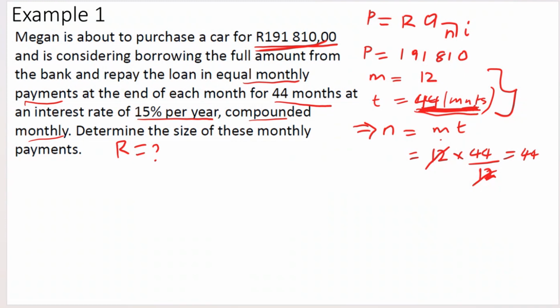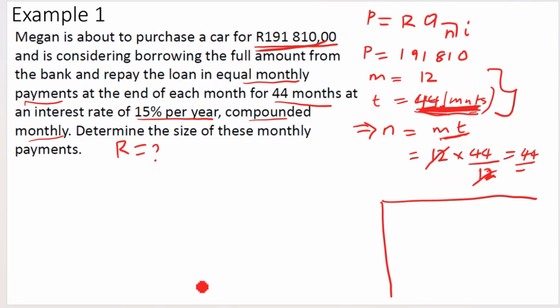But some people like to calculate things the similar way. If this was 44 years, you would have to convert. Let's say it was 2 years, for an example.